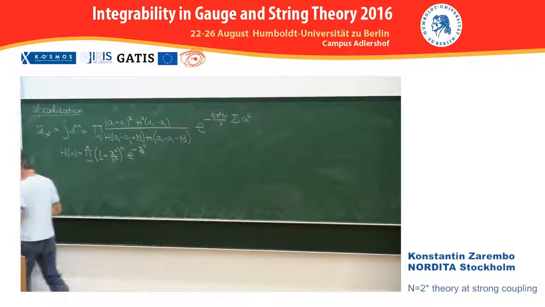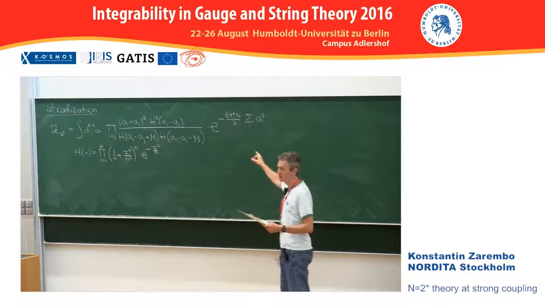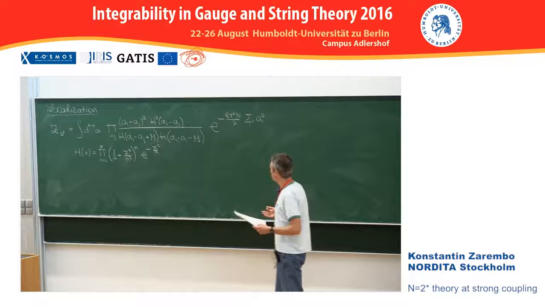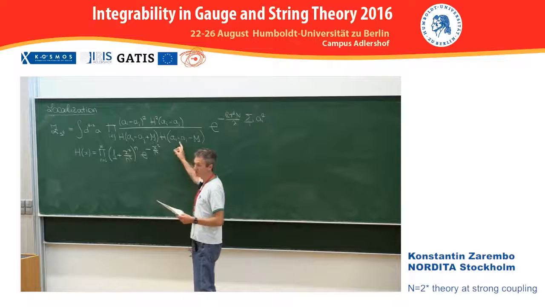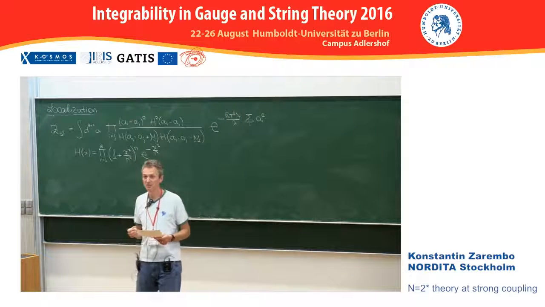Of course, this formula is written on a sphere of arbitrary radius. R doesn't appear here because it is a dimensional parameter. The integration variables here are eigenvalues of the scalar field in the vector multiplet.